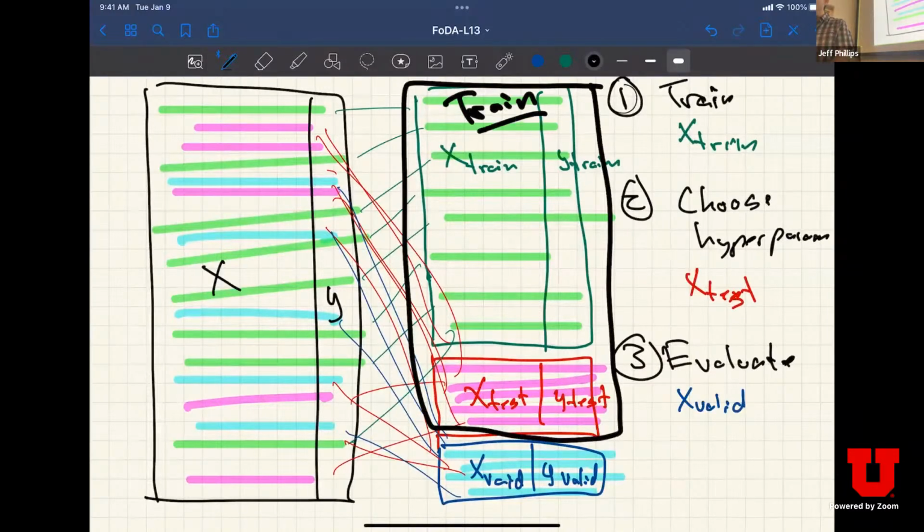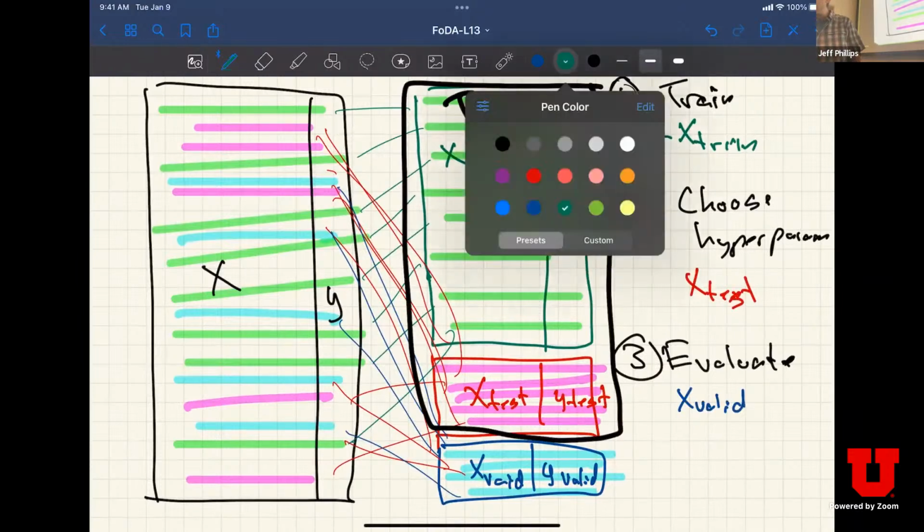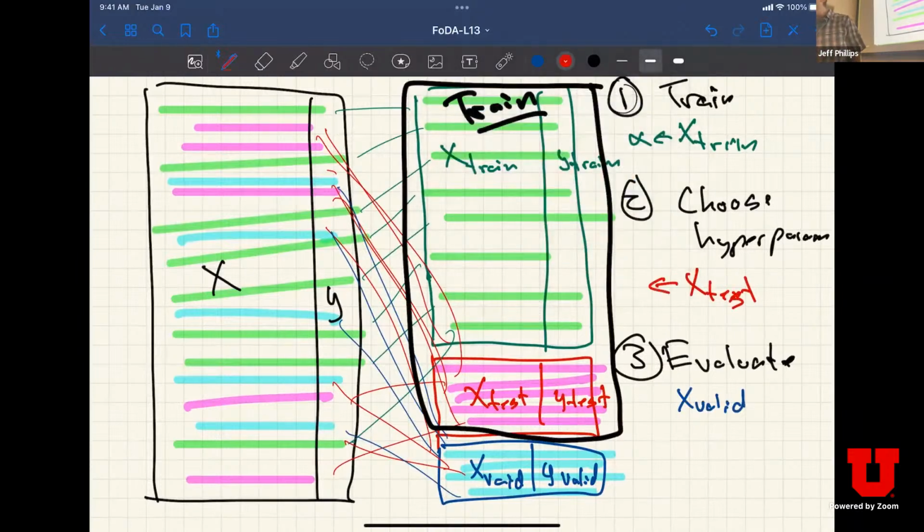So this whole procedure involving the training and the choosing of the hyperparameters is all part of the training part of it. I'm choosing alpha. Basically, this one allows me to choose alpha, and then this step allows me to choose p.